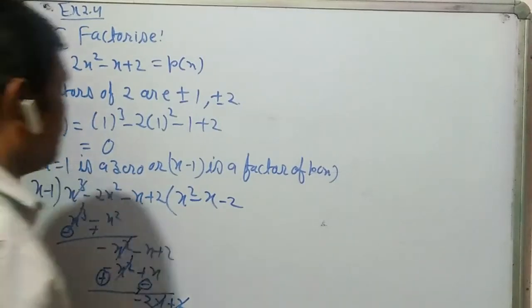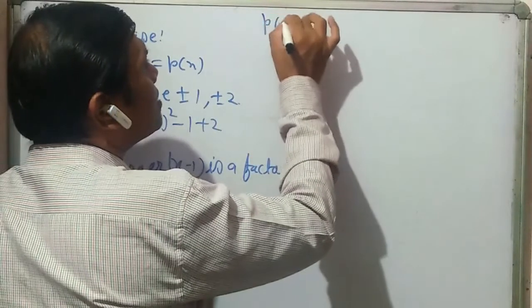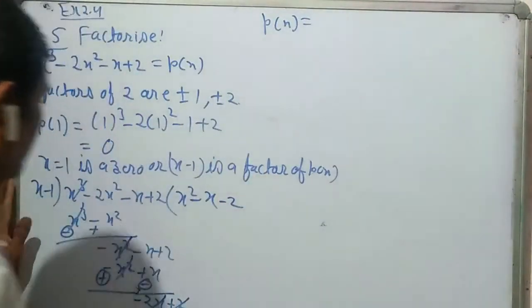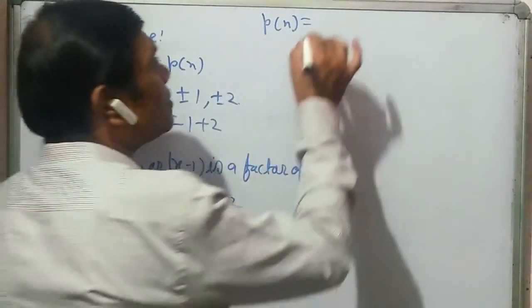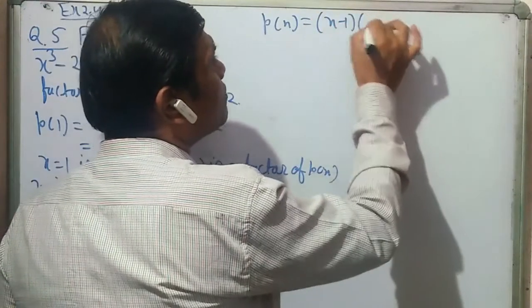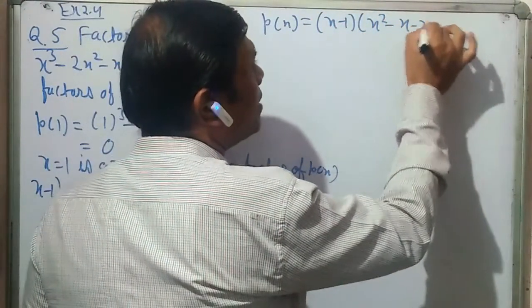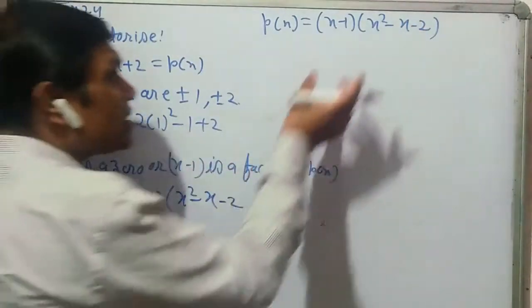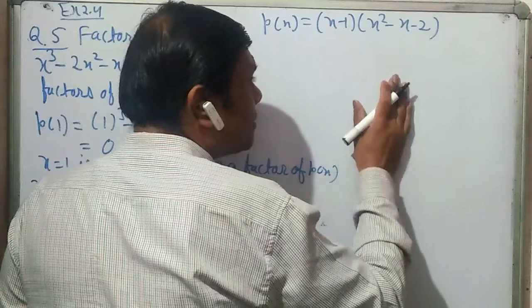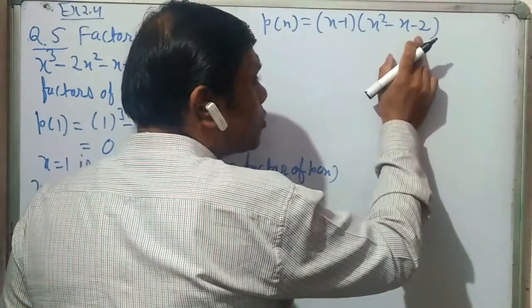So what we say, our polynomial p(x) should be a multiplication of divisor into quotient: x minus 1 into x square minus x minus 2. Now this is quadratic, can we factorize it? The product required is minus 2.